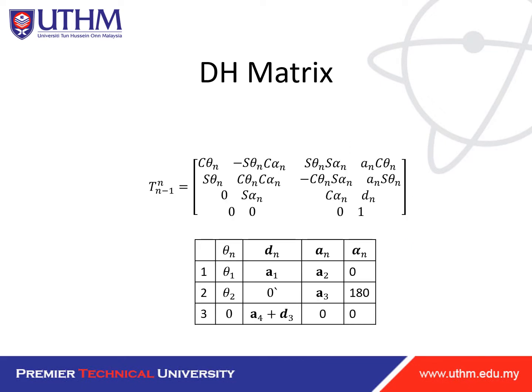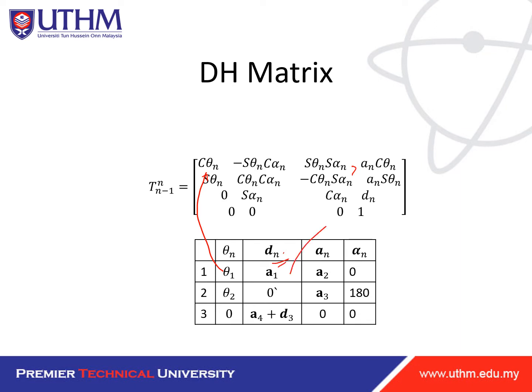Now we want to test. We will have the DH parameters, and from these DH parameters we will fill in a DH matrix as given above. So this is AN, so AN is this one. Sorry, this is DN.